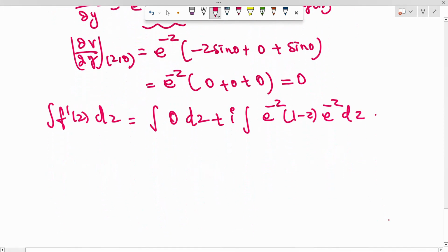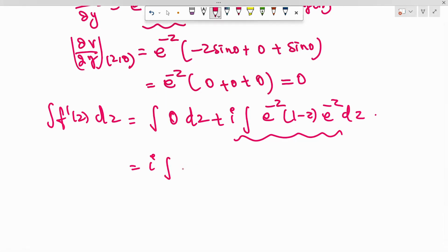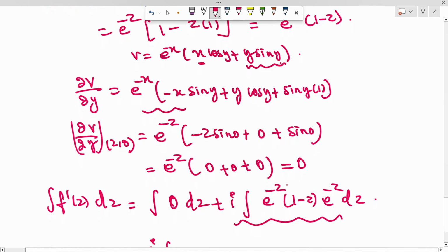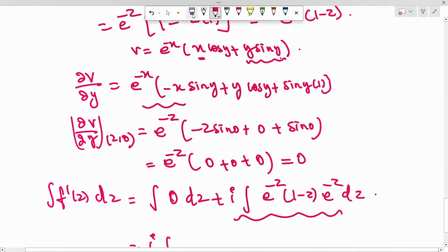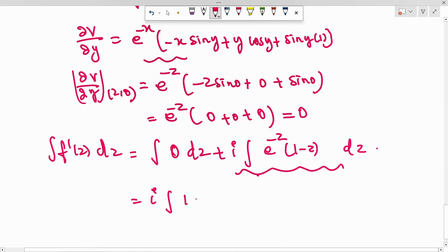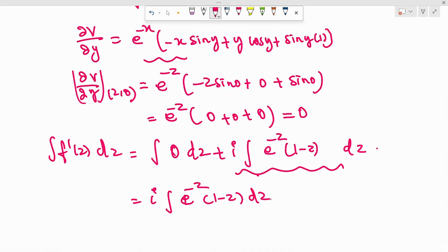Now we are going to integrate only the second term: i into the integral of e power minus z into 1 minus z dz.